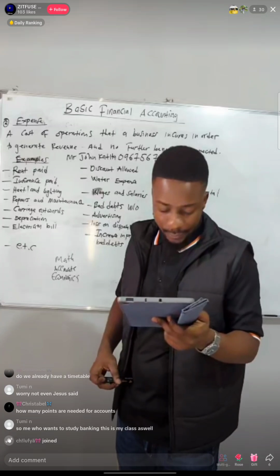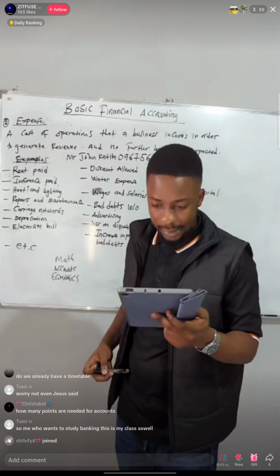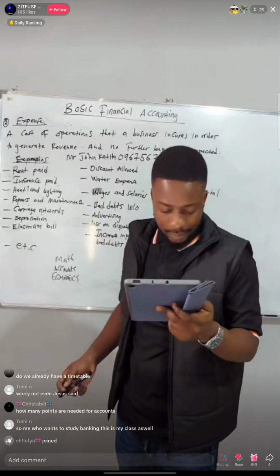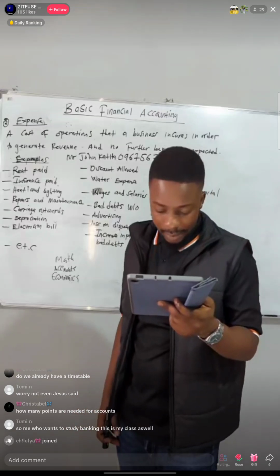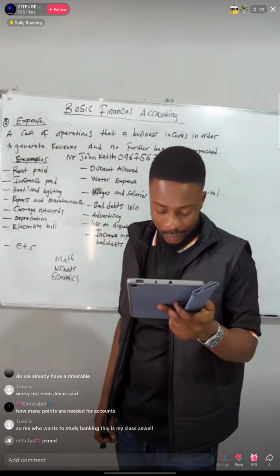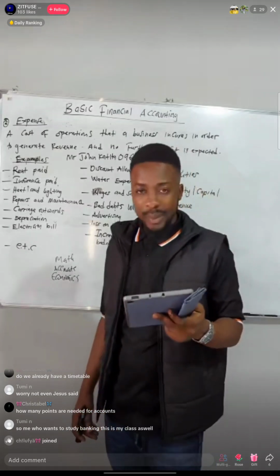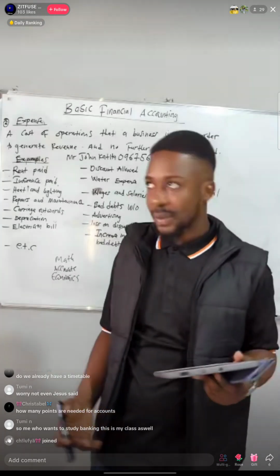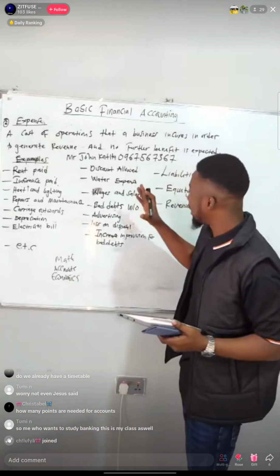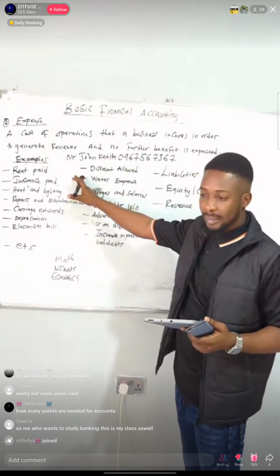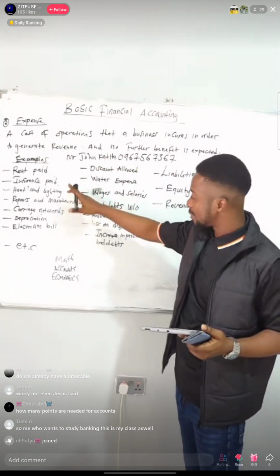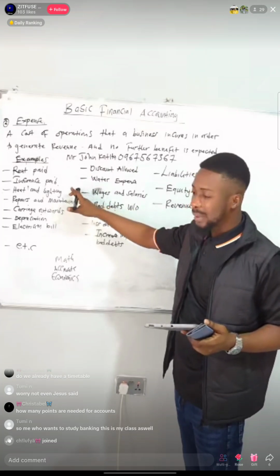How many points are needed for accounts? We'll discuss in our orientation. So me who wants to study banking, this class is my class as well. So I think I mentioned all those under the scope of business and humanities, you've got accounts. Aside from, I think for humanities, there is only economics.